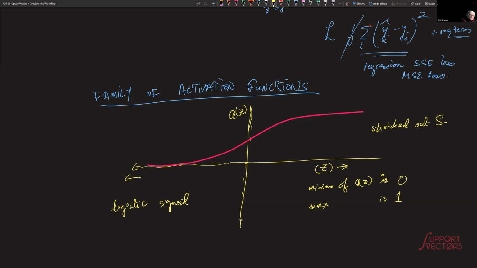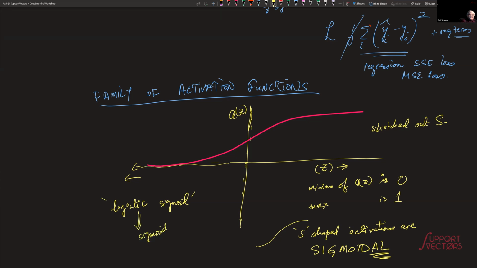In deep learning, and this is the terminology you have to be careful with, S-shaped activations are called sigmoidal. Observe the 'al' at the end. And they will call the logistic simply the sigmoid. They won't use the word logistic sigmoid.